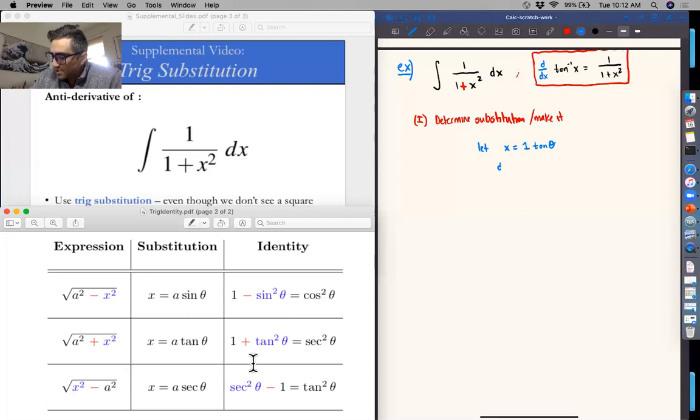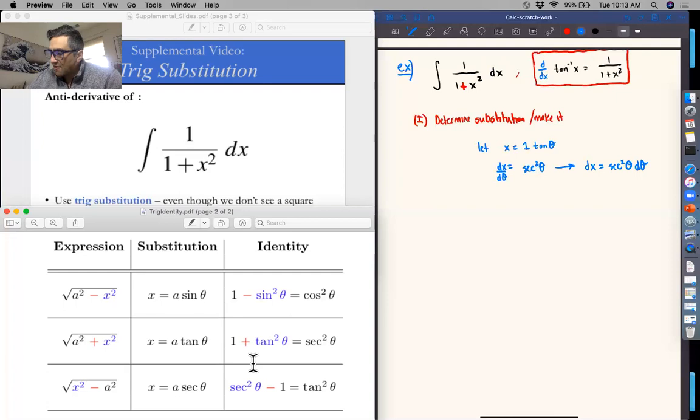The next thing we do when changing variables in an integral is change the dx from our original integral into something in terms of our new variable, theta. We do that by taking the derivative: dx d theta in this case is secant squared theta. When we solve for dx, we cross multiply the d theta over, and we get dx equals secant squared theta d theta.